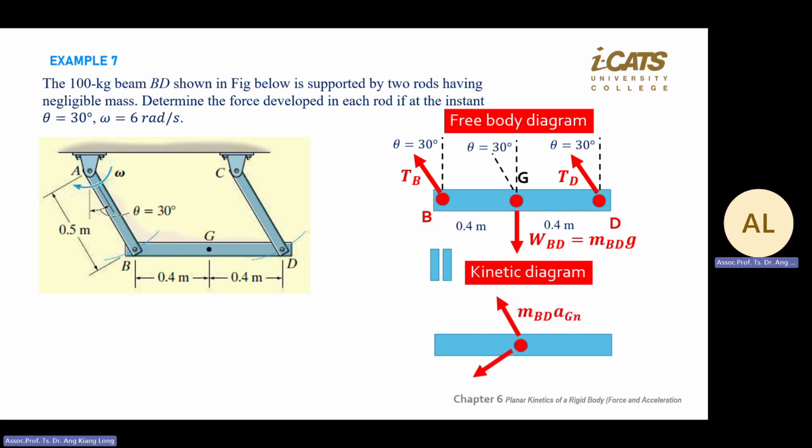We are referring to the center of mass, so your MA will be pointing in the tangent and normal directions, because G is moving in circular motion. So you have MA in the N direction and MA in the tangent direction.